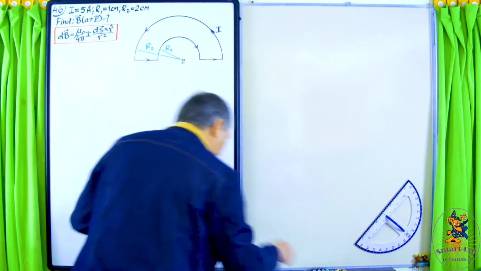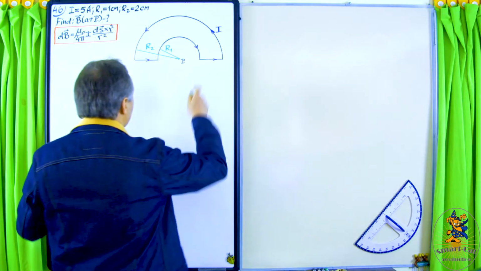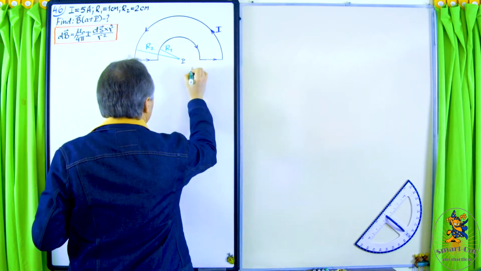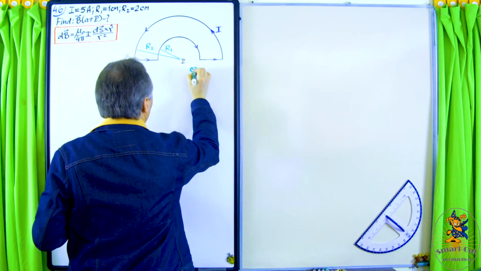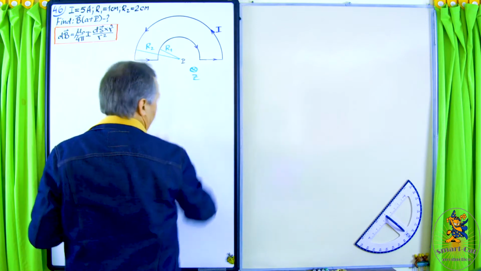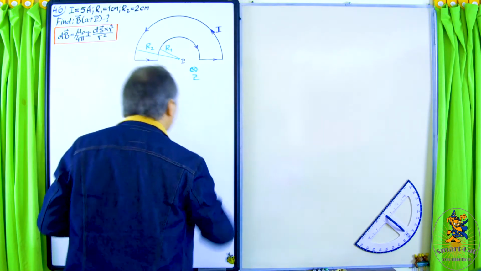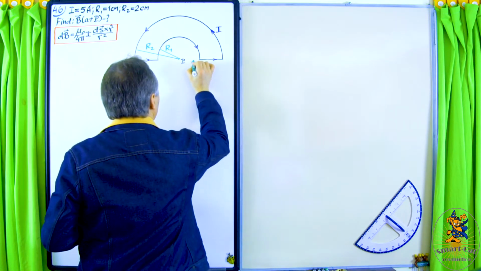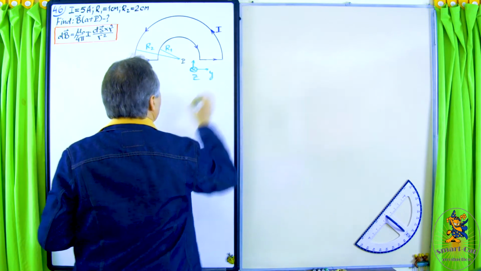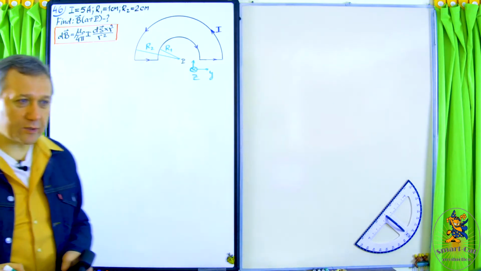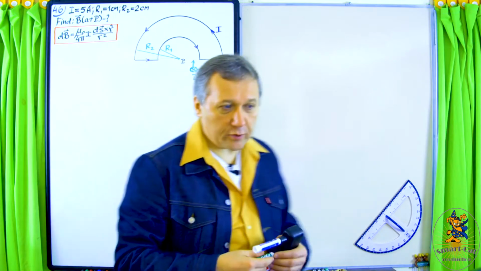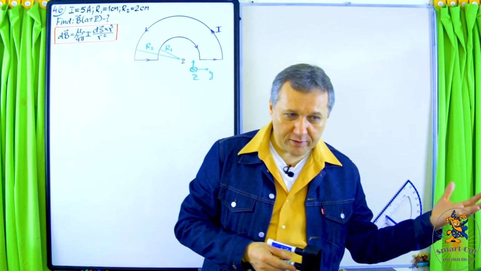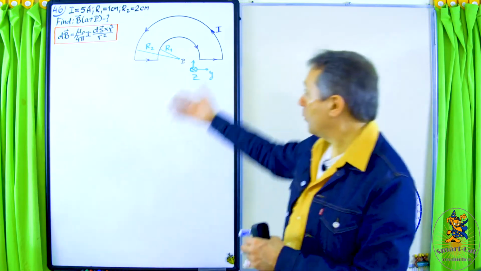Let me choose this one: the Z-axis is into the board, X is up, and Y is to the left. Again, you remember we have constitutional freedom to choose any coordinate system we want. I want this one.